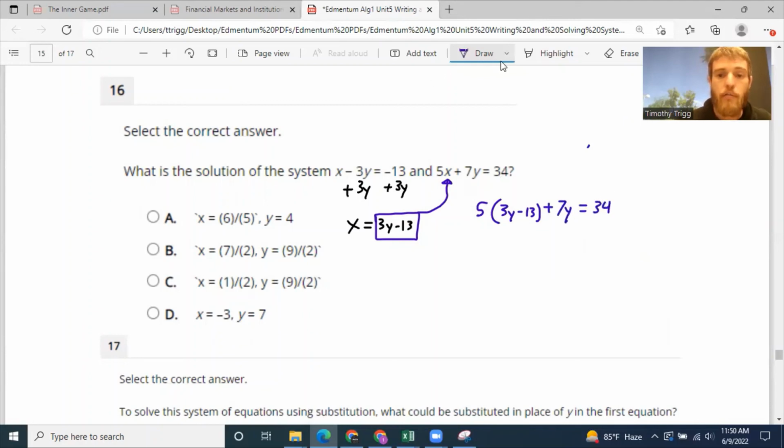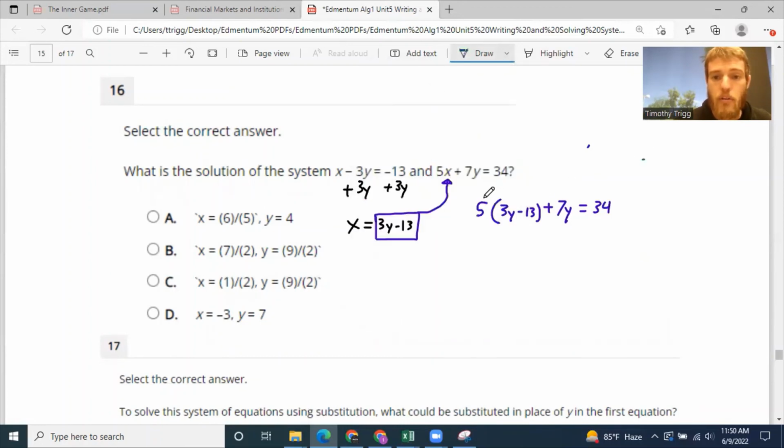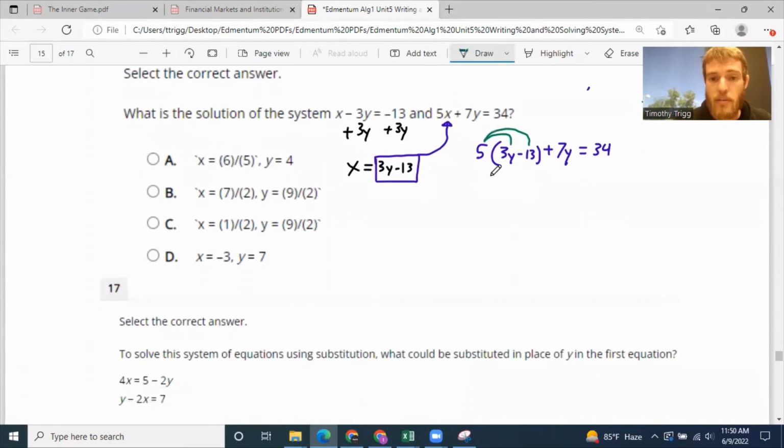If I want to solve for y in this case, what would I do next? Hopefully you see I would distribute the 5 into the parentheses, giving us 15y minus 5 times 13 is 65. We still have a plus 7y equals 34. Can we combine anything on the left side?